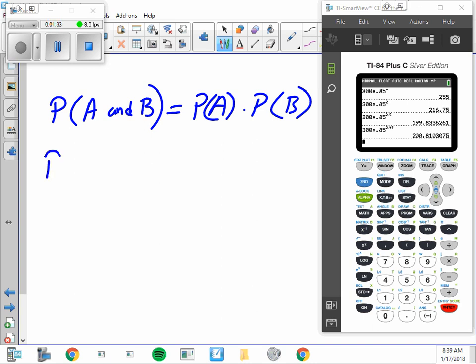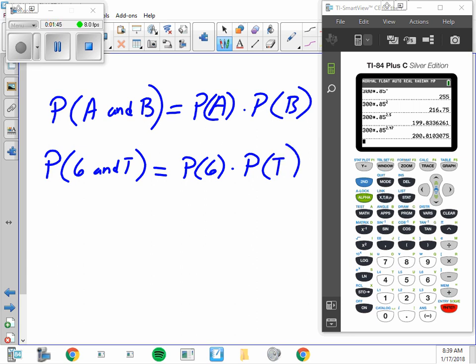So the probability of 6 and tails is simply the probability of a 6 times the probability of tails. So what is the probability of a 6? Yep, 1/6 times what's the probability of tails? 1/2. And I end up with 1 times 1 is 1, and 6 times 2 is 12. So we have a 1 in 12 chance of that happening.